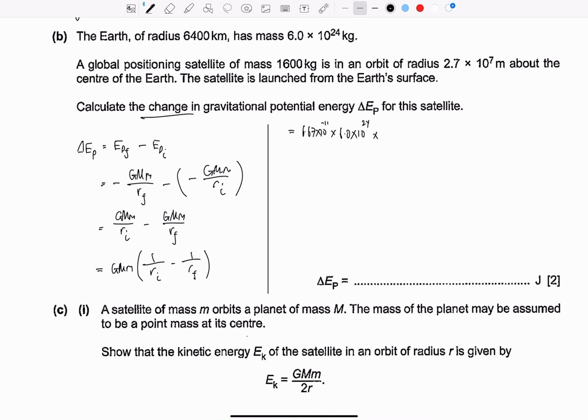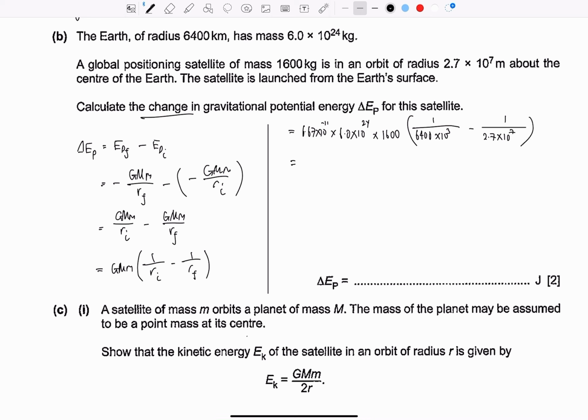And the small m is the mass of the satellite, which is 1,600. We'll multiply this whole thing by 1 over its initial radius. Its initial radius would be 6,400 kilometers. So you take 6,400 times 10 to the power of 3, because it's in kilometers, minus 1 over the final radius, which is 2.7 times 10 to the power of 7.